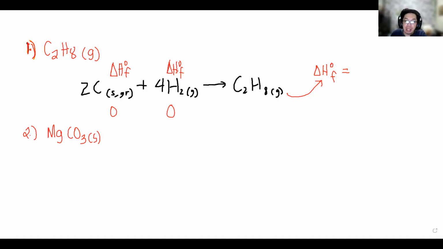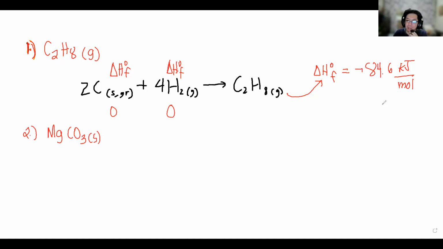But for ethane, I looked it up on the internet, and it says here it's negative 84.6 kJ per mole. So to interpret this, Josh, how will you interpret that? Sige nga, give me the physical explanation for this. To form ethane from graphite and hydrogen, you need to input 84.6 kilojoules. Input?